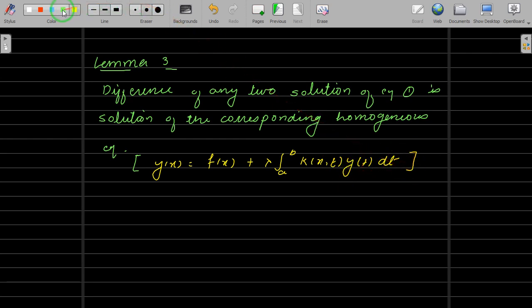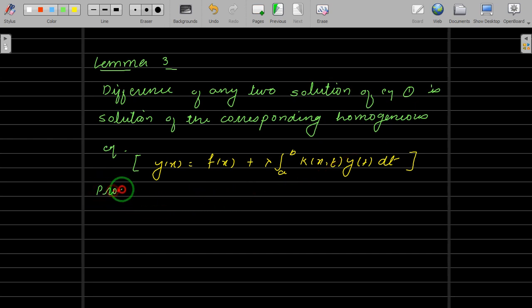This is your equation 1. Now you have to show that if you have two solutions, say y1 and y2 for this equation, then when you take a difference, it is the solution of its corresponding homogeneous equation, meaning f(x) is equal to 0, and whatever difference you have, it is a solution of that corresponding homogeneous equation. That is what you have to prove.